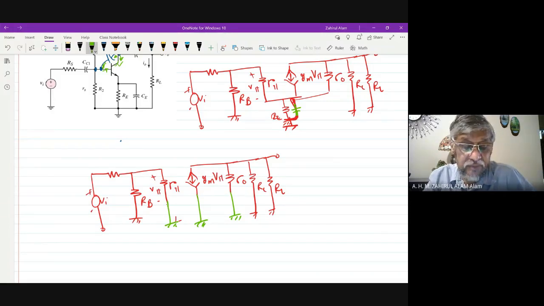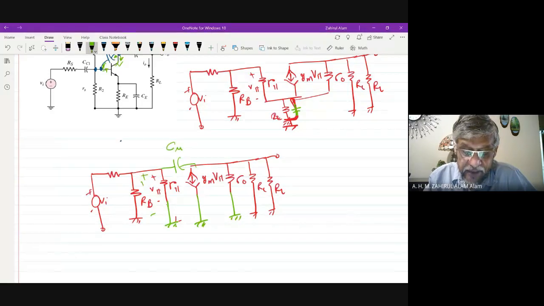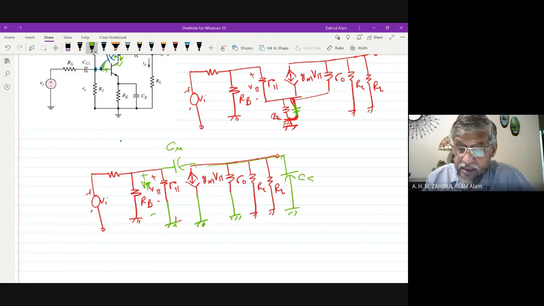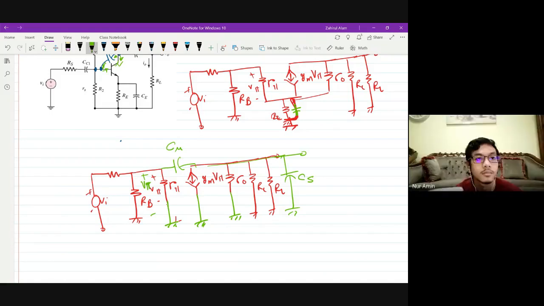From there, we can add the high frequency capacitances. So we have three capacitances, C mu, C pi, and CS. Because they are in parallel, I can connect them anywhere.